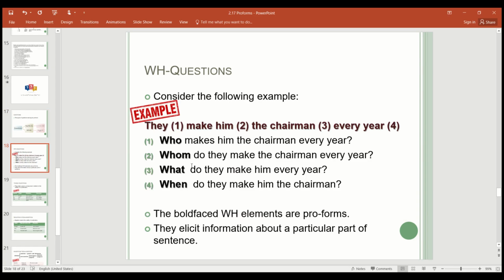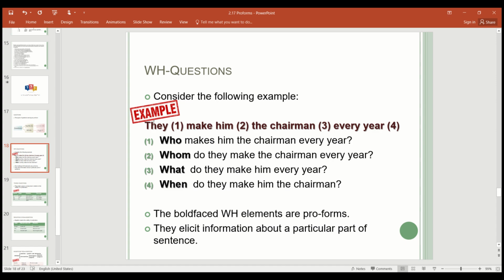Consider the following examples. Look at the sentence, they make him the chairman every year. So we have 4 elements here. If you want to ask about each one of the elements using WH questions, you need to replace them with a suitable WH element.